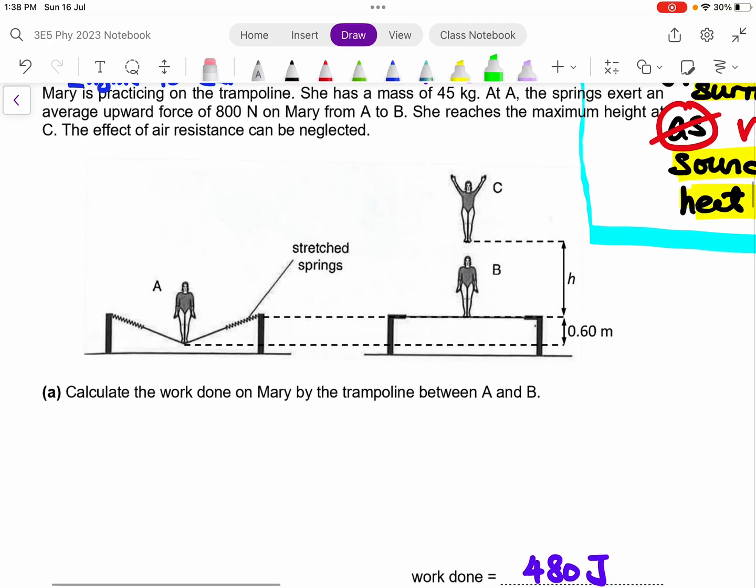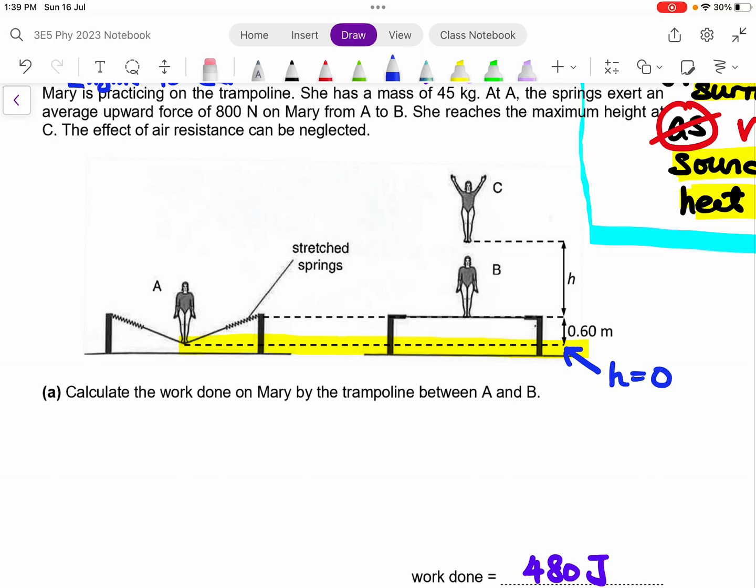For question 7, we are seeing that Mary is jumping on a trampoline, and the question has kindly defined for you that at point A, h is equal to 0.